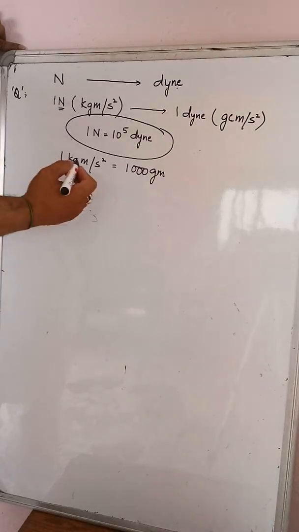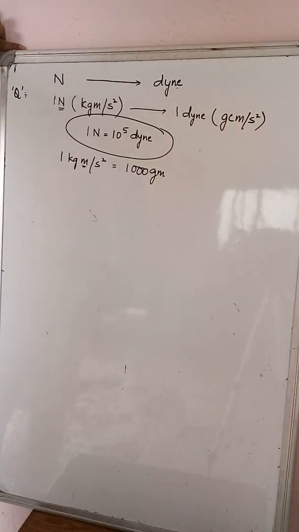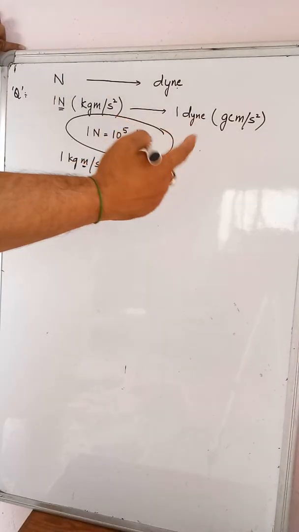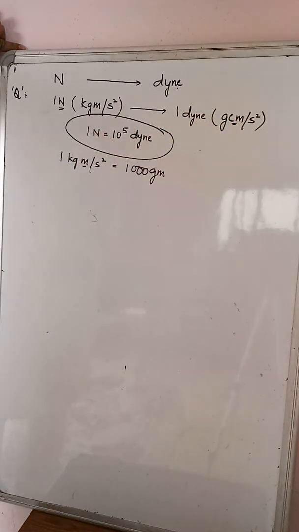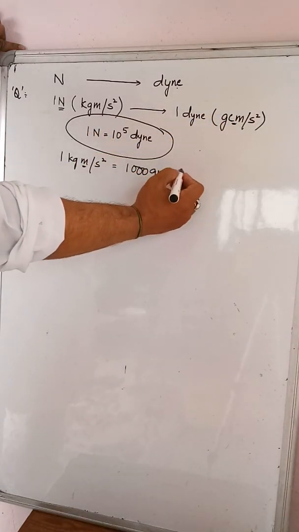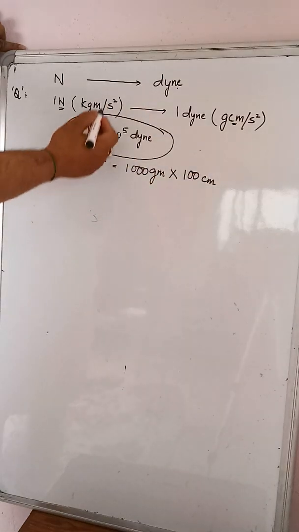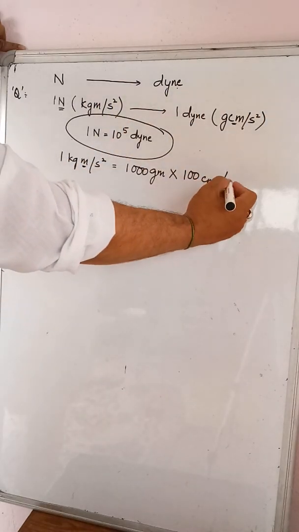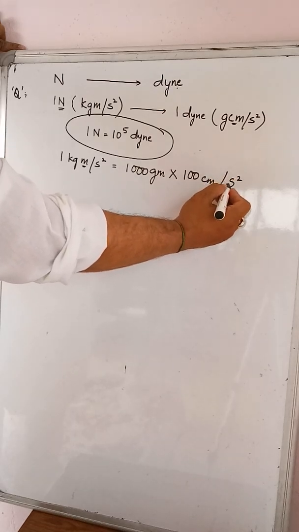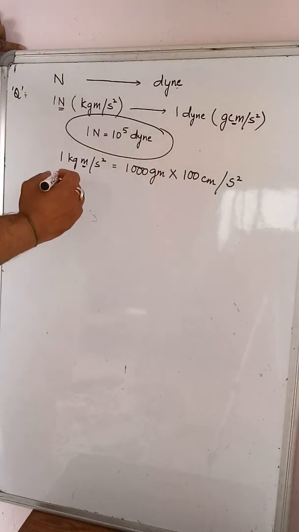We all know that. Next thing that we have to convert is meter. It is to be converted into centimeter. So 1 meter is equal to 100 centimeter. Now second square and second square have to be same, they do not need any conversion. So we write it like this.